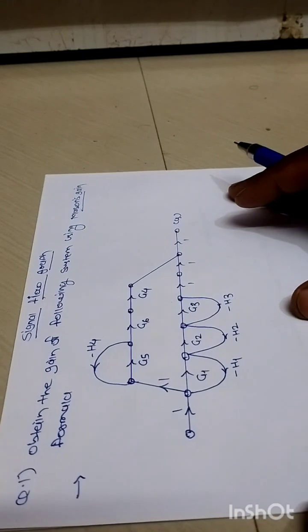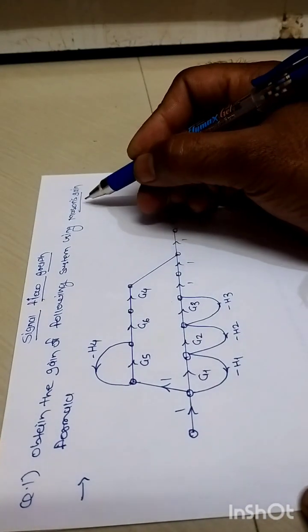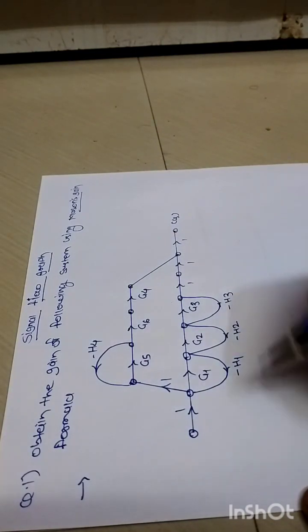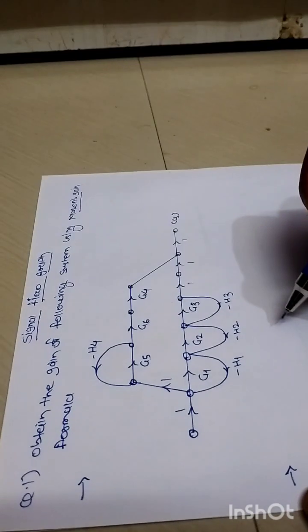One question arises in our mind: why is this formula named Mason's gain formula? The answer is very simple. We need to determine the overall transfer function of that system.